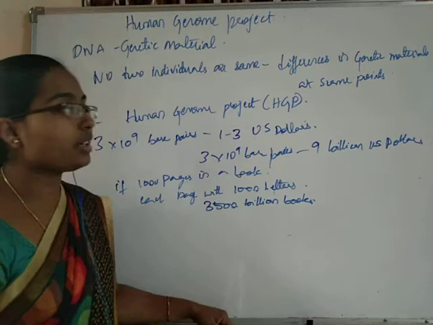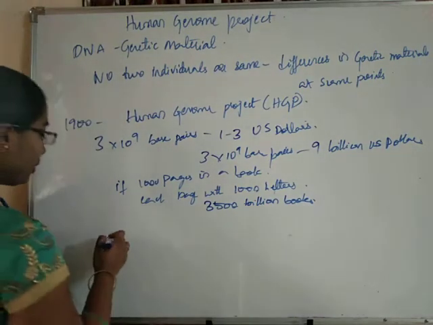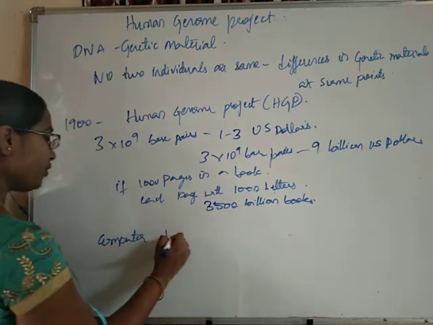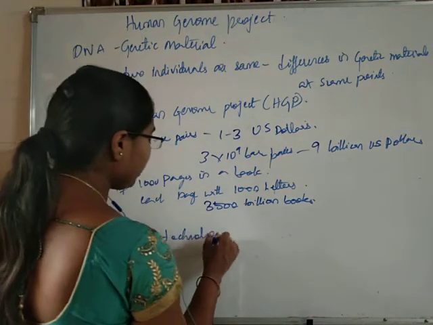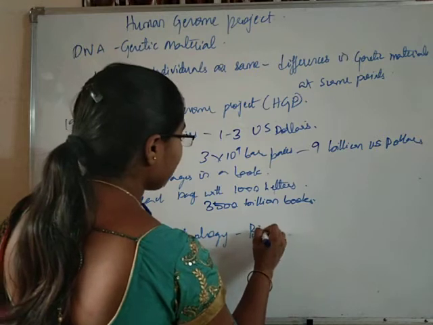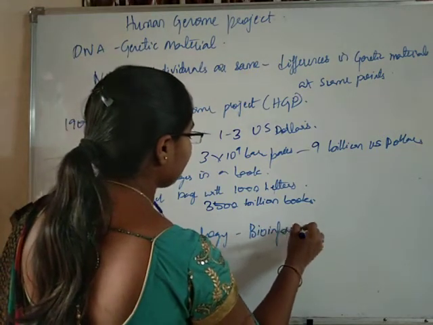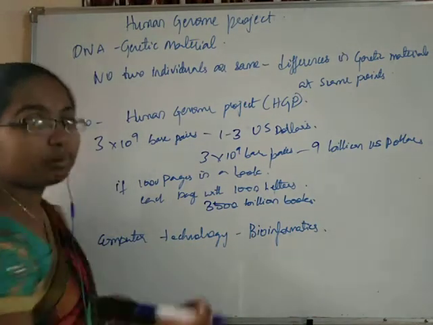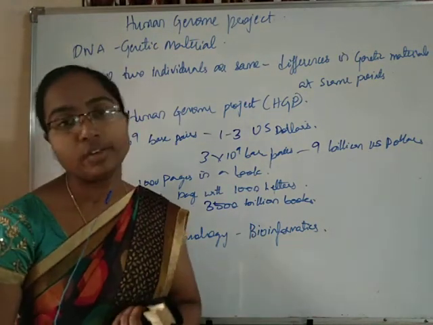So for that reason there was involvement of computer technology, which was a budding field at that time, called bioinformatics, where we apply the science of computers to living organisms.